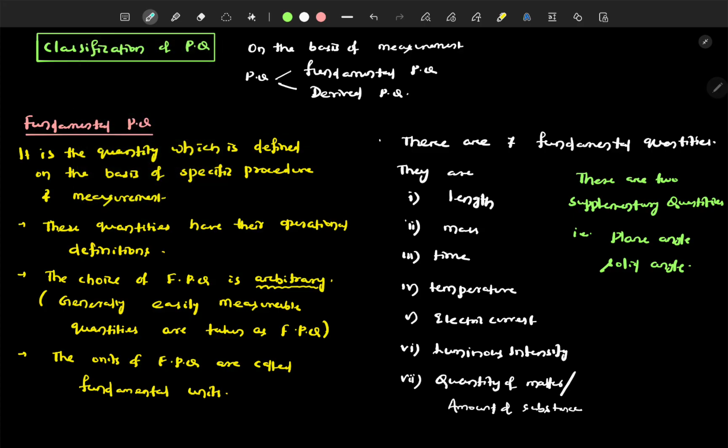Next, come to derived physical quantity. I already told you to think about the English alphabet and English words. Words are the combination of what? English alphabets. Like this, derived quantities are derived from fundamental quantities.